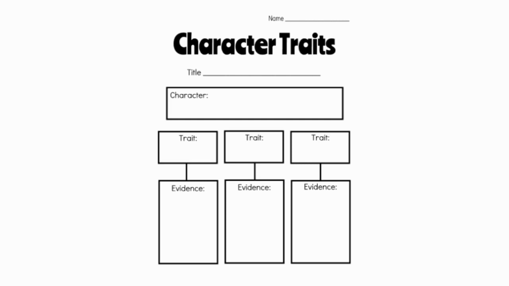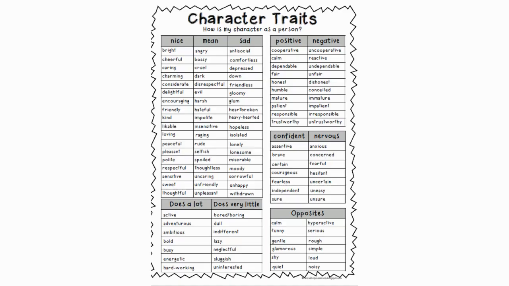So, to show you an example of that, I have some character trait words on this anchor chart here that you can use however you'd like. You will have to be thinking about characters and appropriate words that fit your character. So if you're noticing your character is frequently nice, you might use words like bright, cheerful, caring, charming, considerate, delightful, encouraging, and so on.